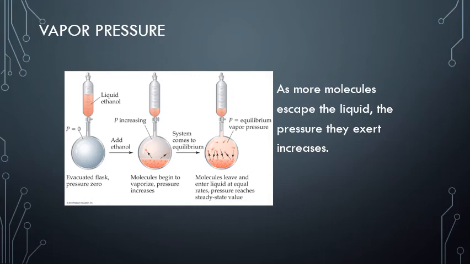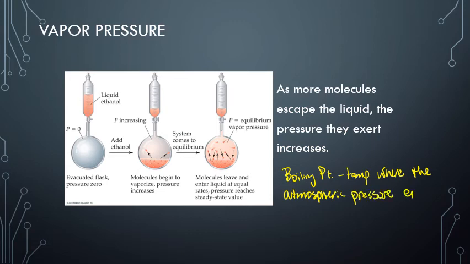I know most of the time we always think about the boiling point just being a finite number, but that's not actually true. The boiling point is dependent on the atmospheric pressure. So a true definition when we're talking about boiling points is the temperature where the atmospheric pressure equals the vapor pressure, and that equilibrium vapor pressure.